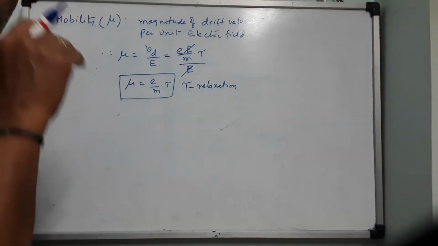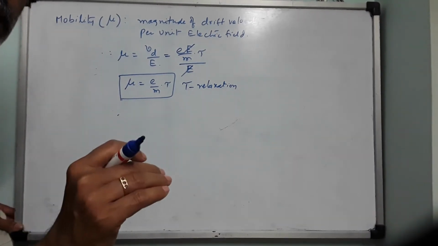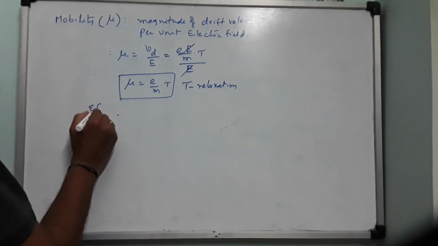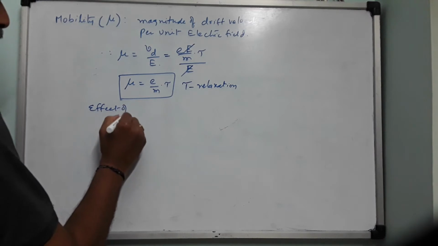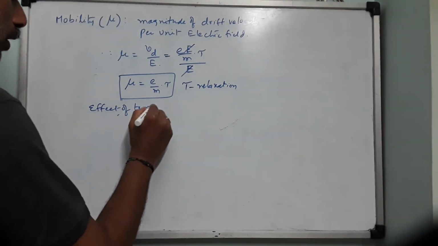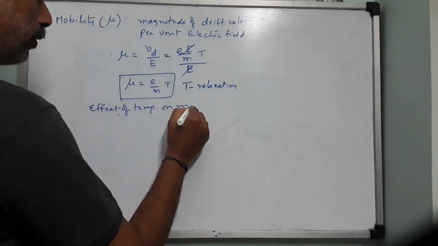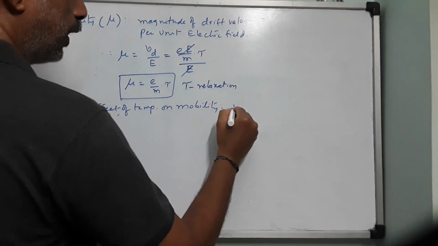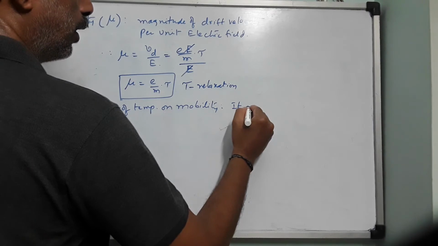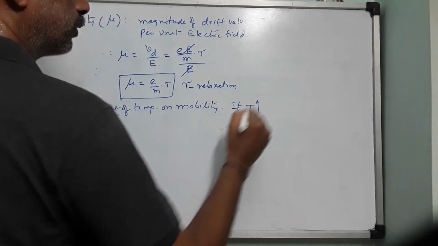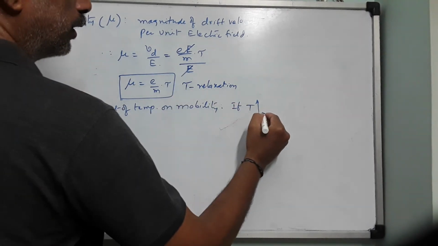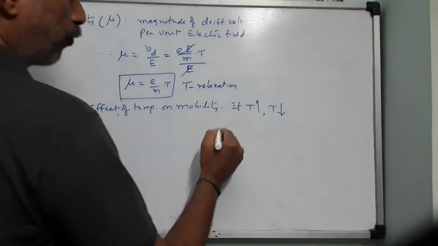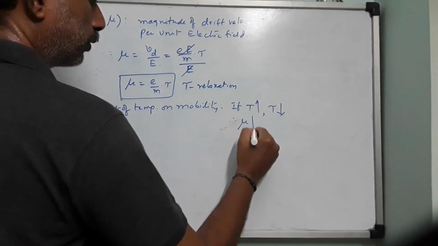So, the question is, what is the effect of temperature on mobility of free electrons? If temperature increases, tau decreases, therefore mu decreases.